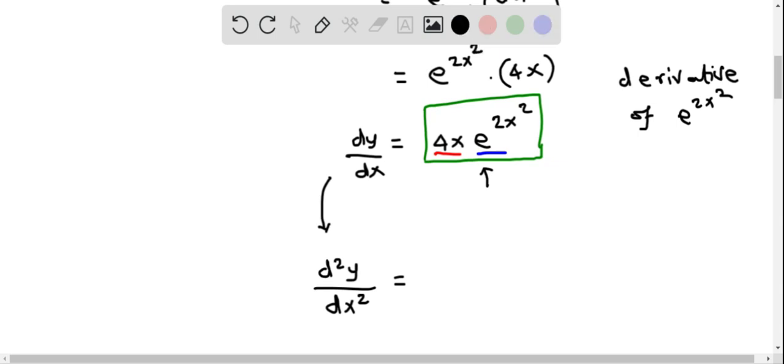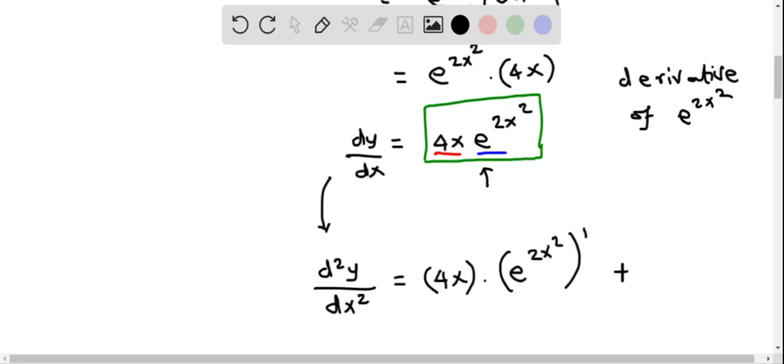So according to the product rule, we put the first term and multiply it with the derivative of the second term. I write this in symbol notation, that is e raised to the power of 2x squared, and we put this prime, which means we have to write down its derivative.